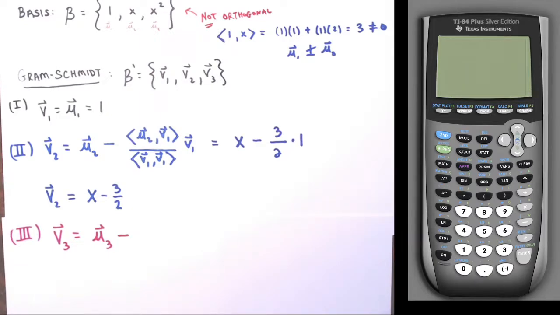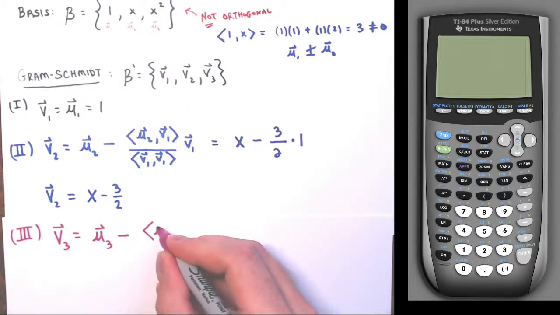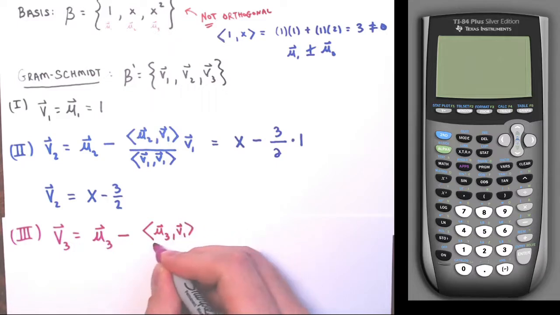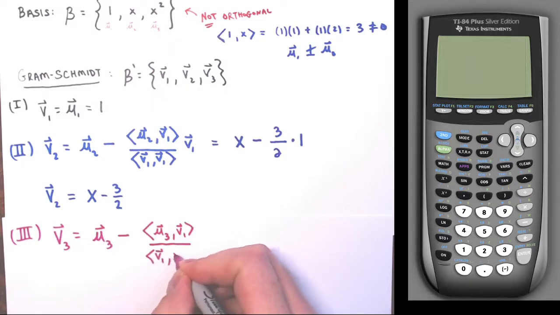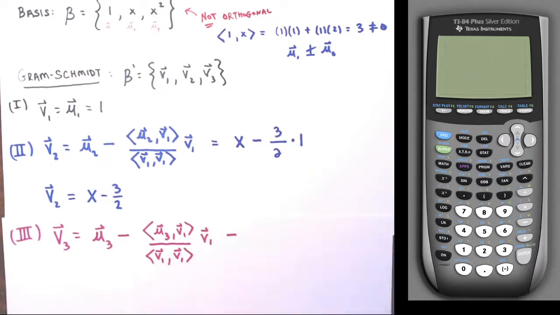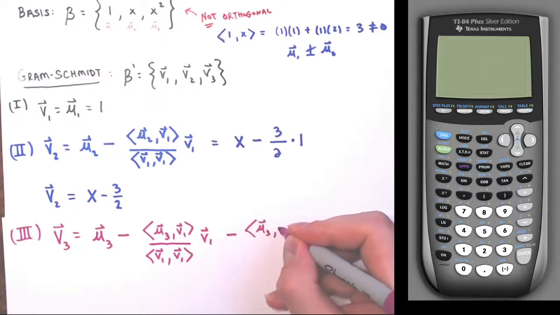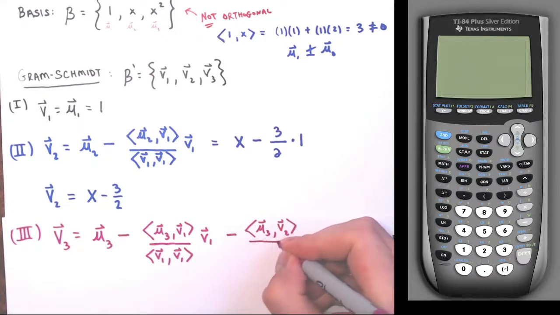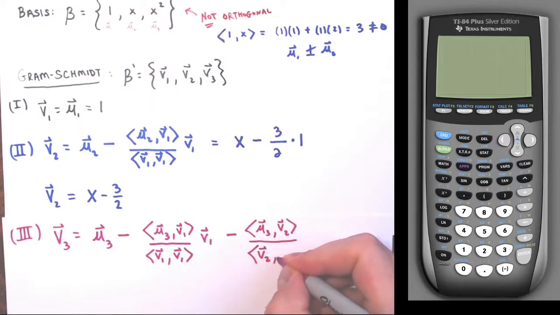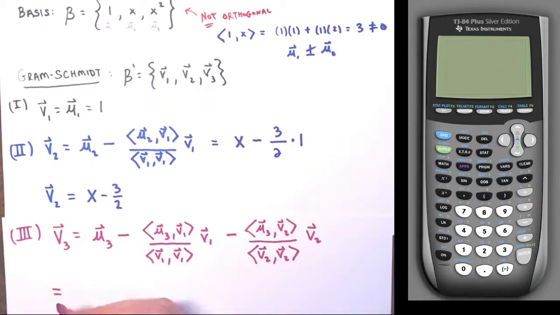The projection of u3 onto v1, so that would be the inner product of u3 with v1 divided by the inner product of v1 with v1, times v1, and then I also subtract the projection of u3 onto v2. So the inner product of u3 with v2 divided by the inner product of v2 with v2, times v2. All right, let's figure out what these are.